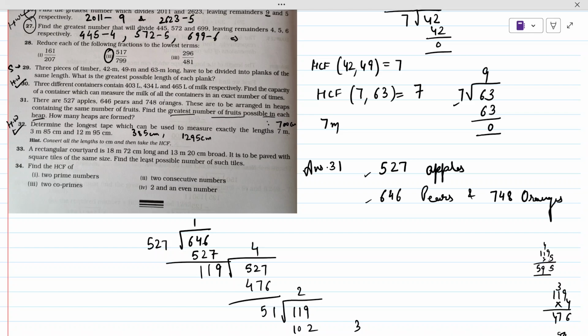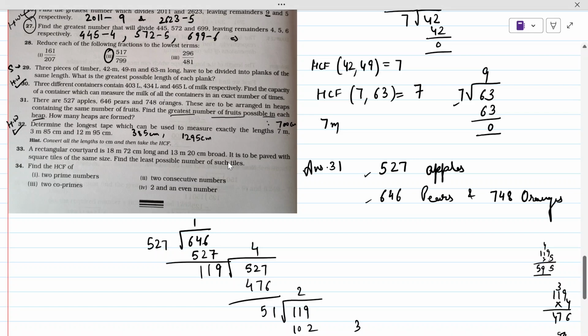Now find the least number of such tiles. So kids, if we have to find the least number of such tiles, that means the size of the tile should be large, and it should accommodate both the dimensions, the length as well as the breadth.